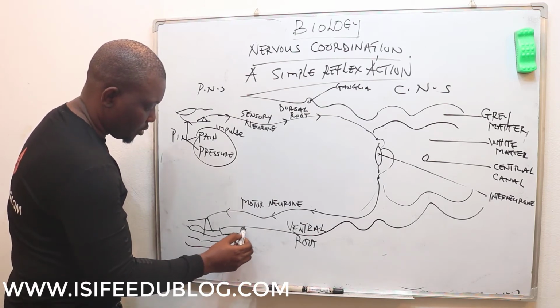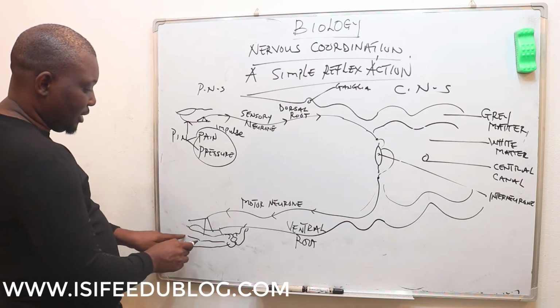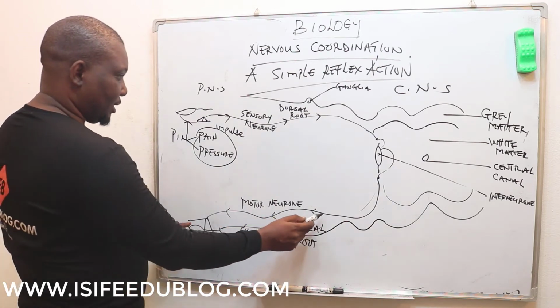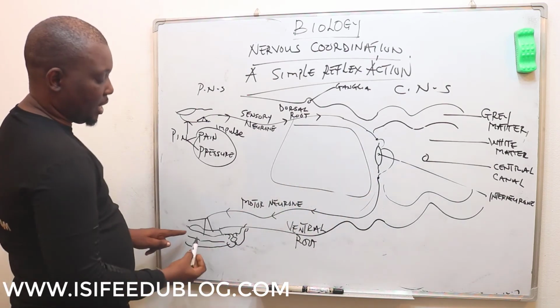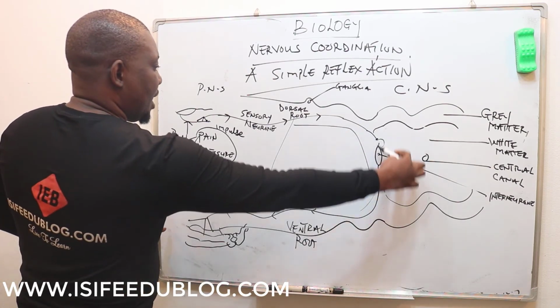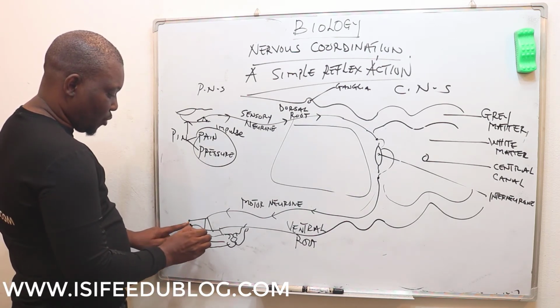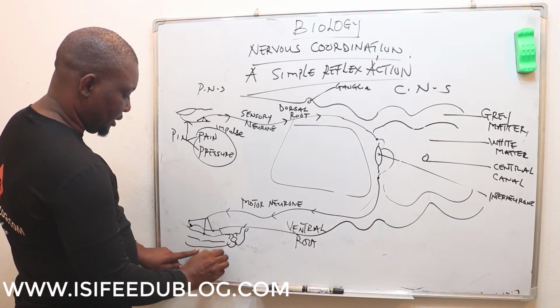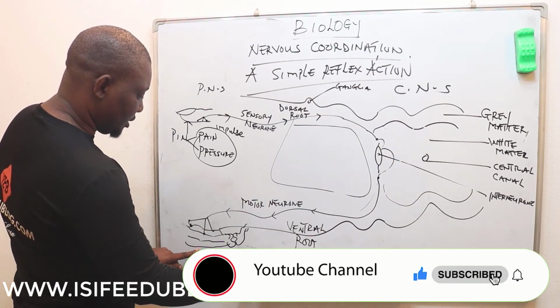The muscles. So which means this hand is withdrawn as soon as these impulses from the motor are brought. So this is what happens. This is an effector gland. This particular effector we are dealing with is the muscle.